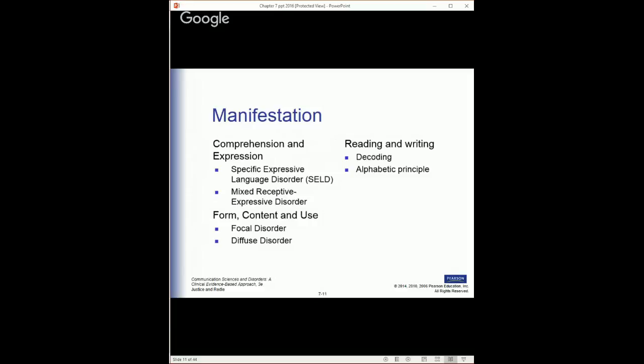It can also manifest itself in reading and writing under the alphabetic principle, which is the understanding that speech and print correspond in a predictable, systematic fashion. An example of that would be that the letter K and the letter sequence CK both make the K sound.